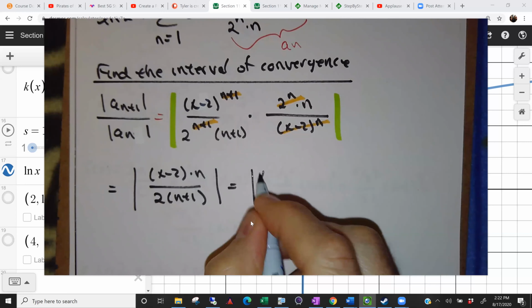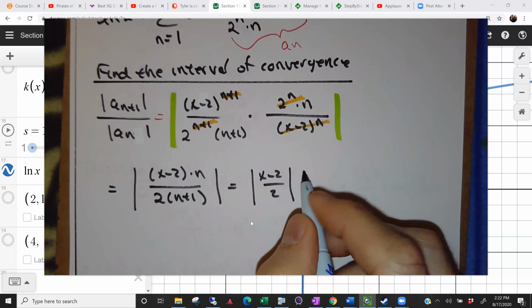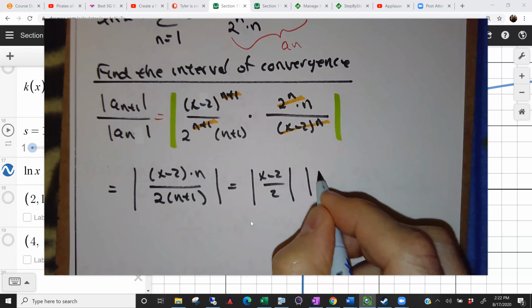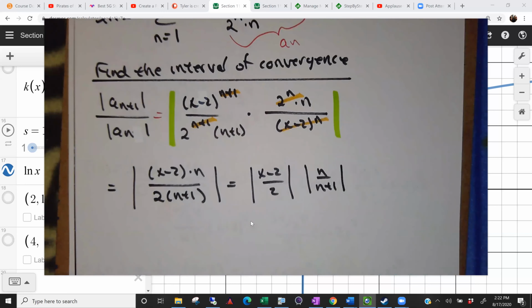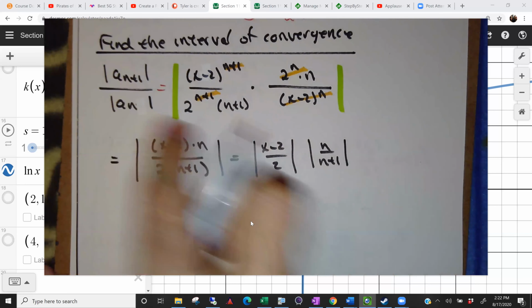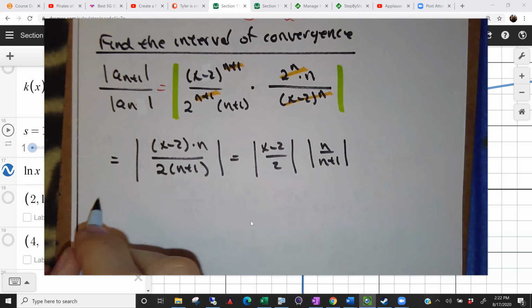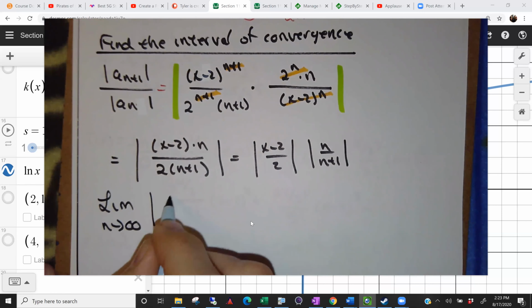Absolute value of x minus 2 over 2 times absolute value of n over n plus 1. All I did was I calculated this and I simplified it. Now I want to take a look at its limit as part of my ratio test. The limit as n approaches infinity of a sub n plus 1 over a sub n.